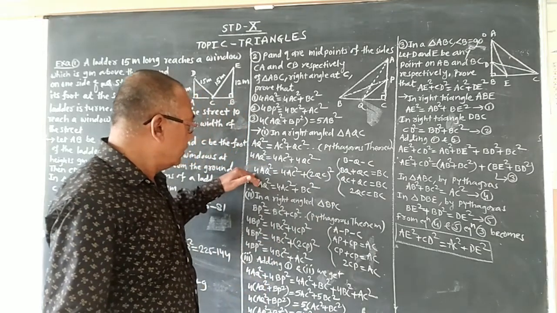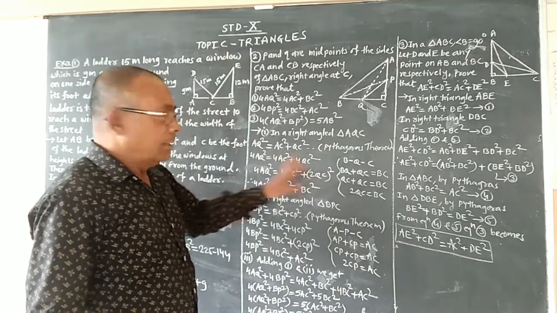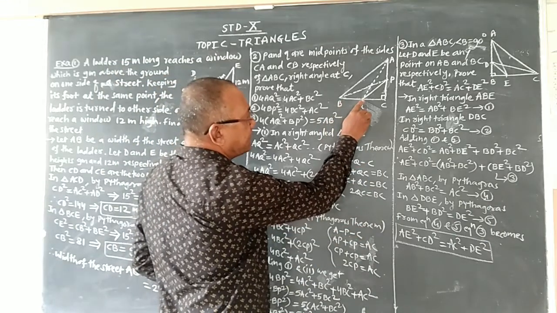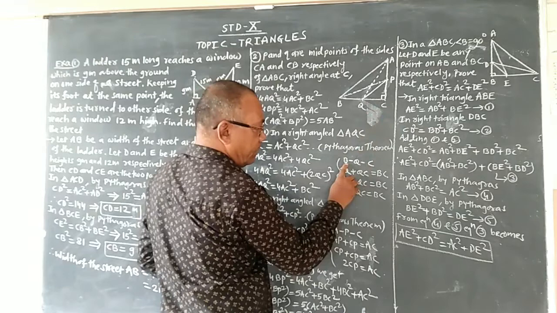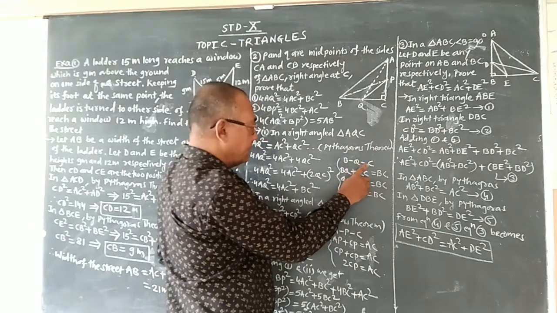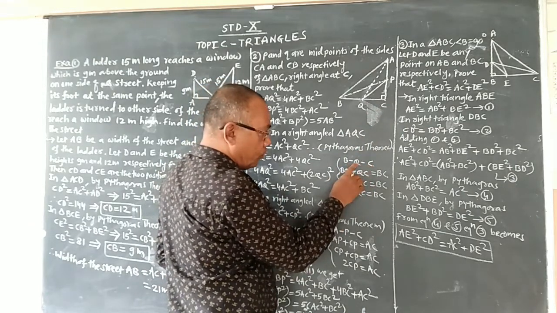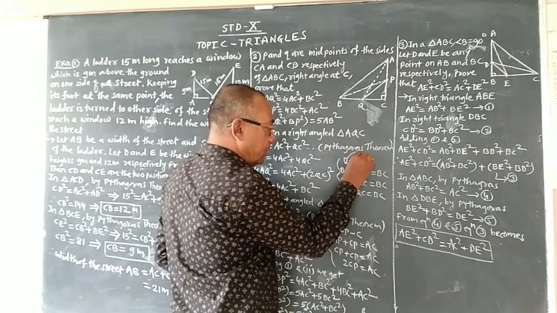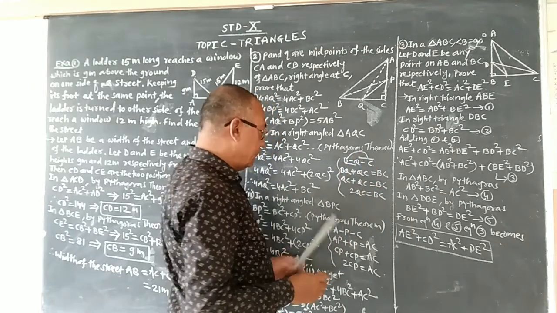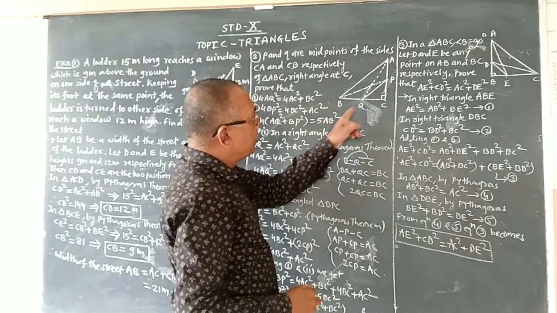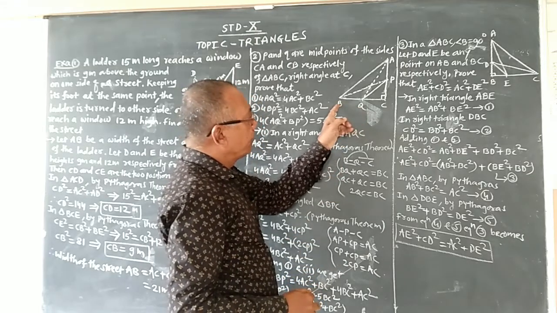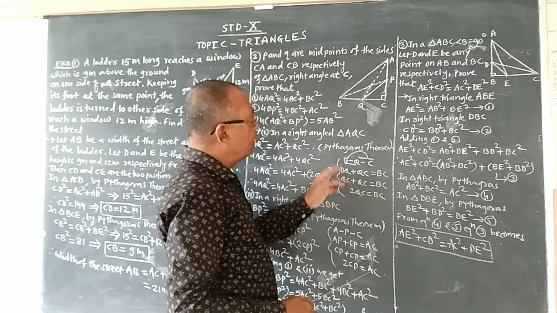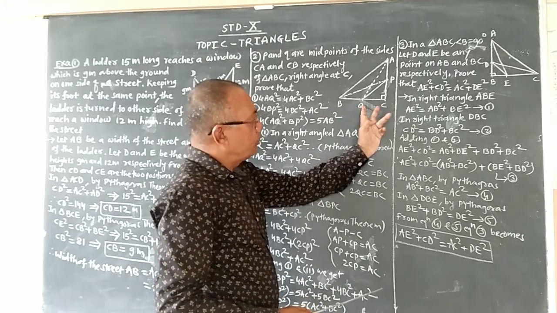So here it is 2QC squared. Now if we observe the figure, it is seen that D is between B and C, and therefore DQ plus QC is equal to BC. We know that Q is the midpoint of BC, and therefore we can write DQ is equal to QC.